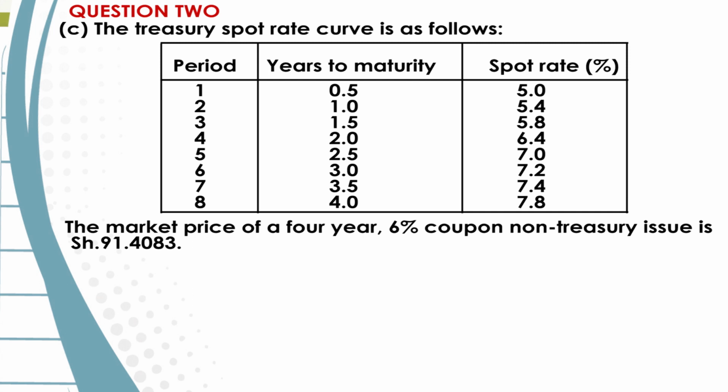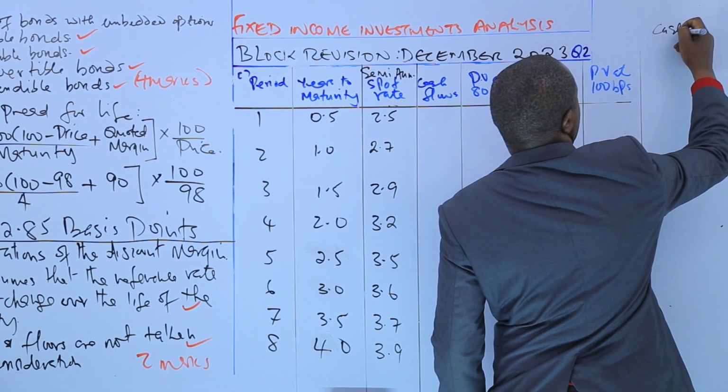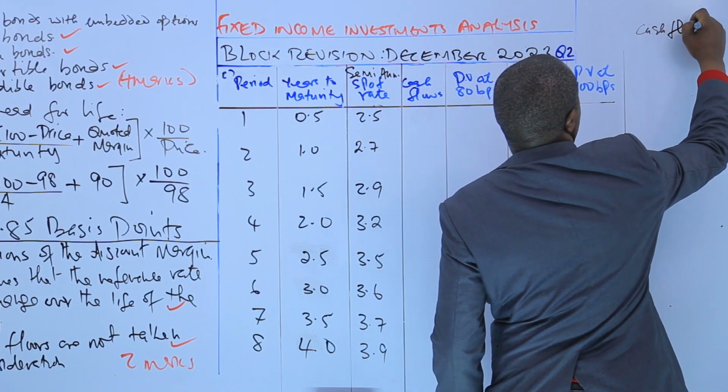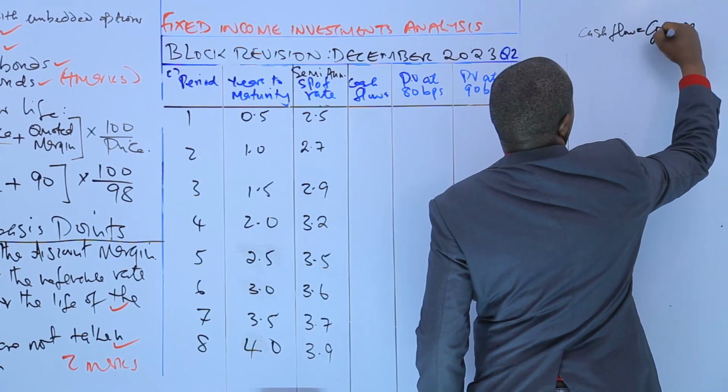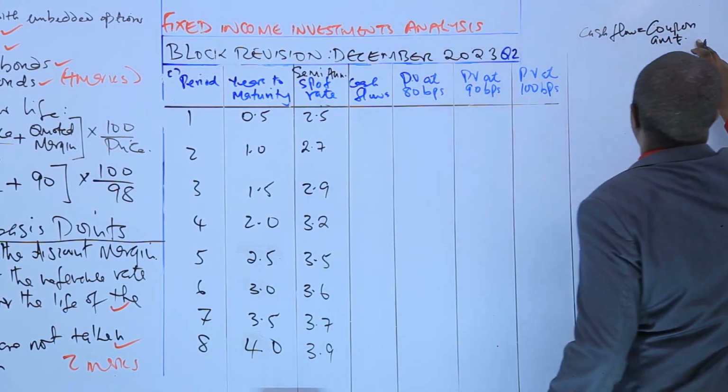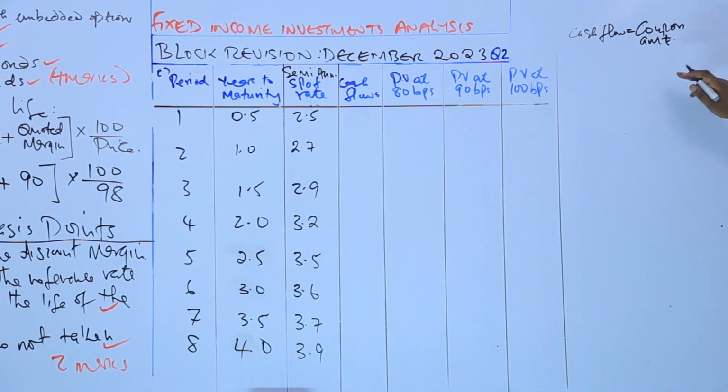And from the question we read that the market price of this coupon is 91.4083 shillings, and therefore the cash flow is simply the coupon amount.